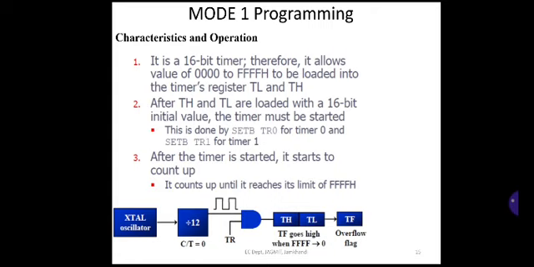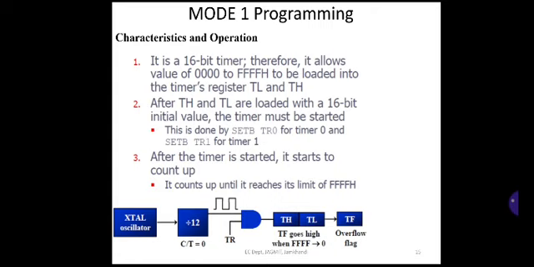So we have to use the instruction SETB TR0 to start timer 0, and SETB TR1 to start timer 1. After the timer is started, it starts to count up.